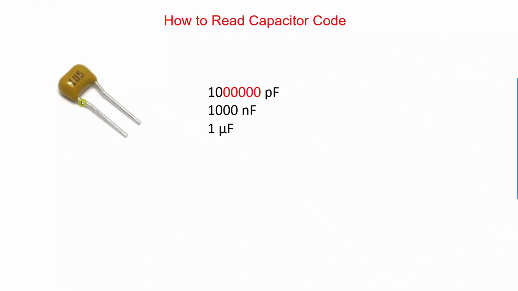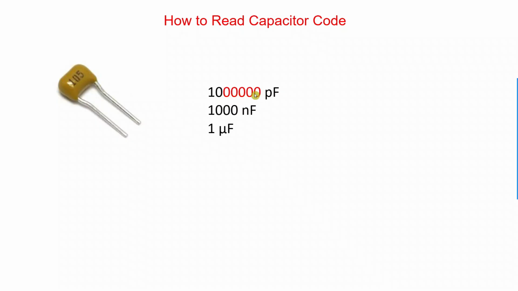Now the code of this capacitor is 105. As you can see, the code is 105. Put the first two digits as it is, 1 and 0. And what is the last digit? This is 5. So how many zeros will be there? Total 5 zeros, 1 2 3 4 5.